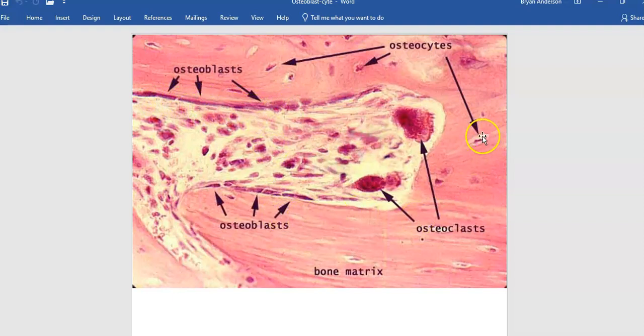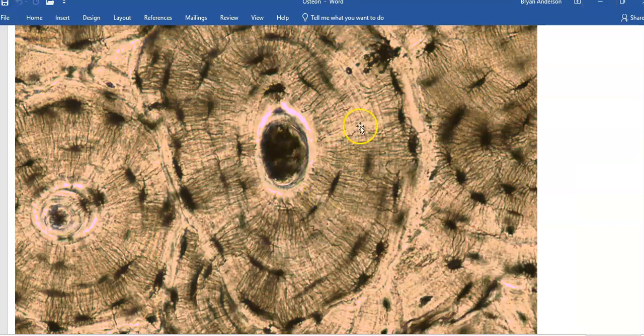Osteocytes are these little ones here. They're living inside a little hole. And then there are osteoclasts. So this really isn't that helpful, but that's what they would look like to a pathologist, somebody that's looking at tissues.